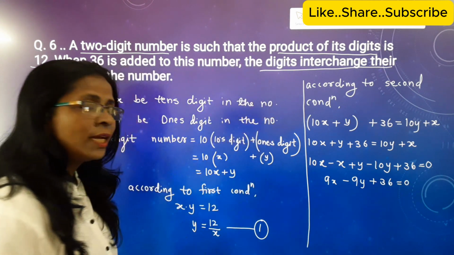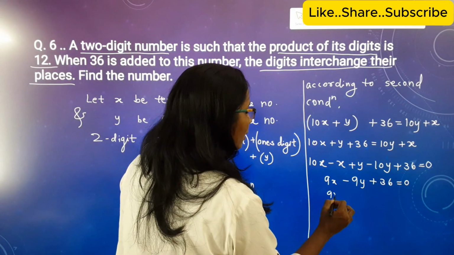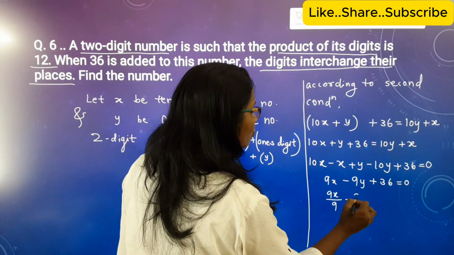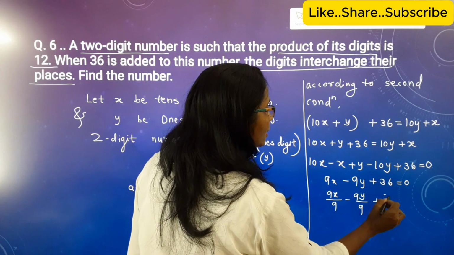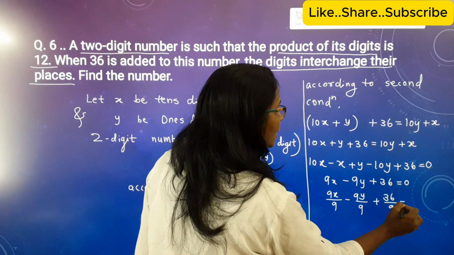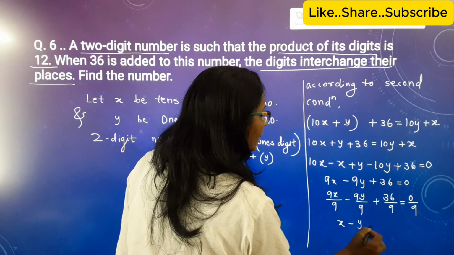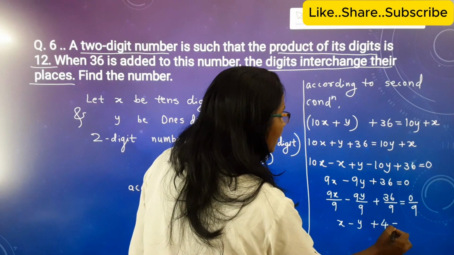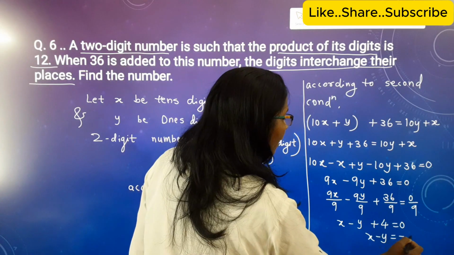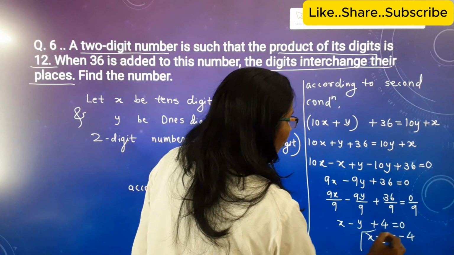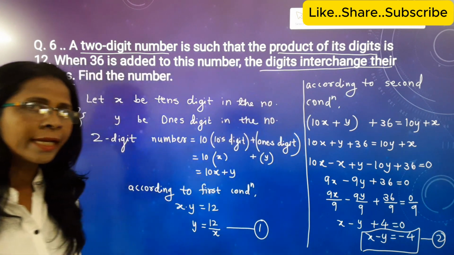Again we can simplify it by dividing both sides by 9. So 9x upon 9 minus 9y upon 9 plus 36 upon 9 is equal to 0 upon 9, and that means x minus y plus 4 is equal to 0. That means we can write x minus y is equal to minus 4. Okay, so this one is our second equation.